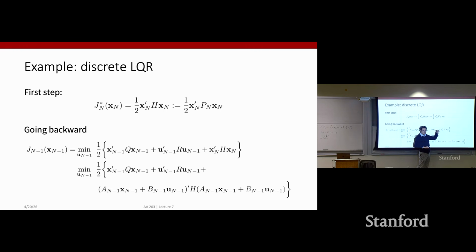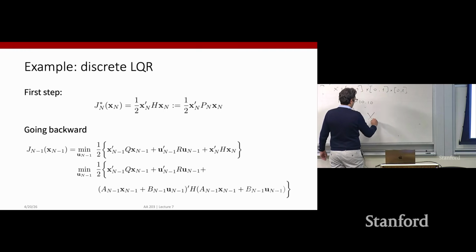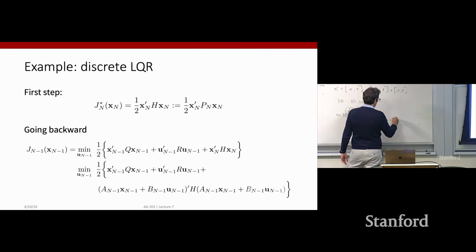The cost of the problem for the state I transition into, which will be a problem at the next stage. Okay, so x of n is simply given by a n-1, x n-1 plus b n-1, u n-1.